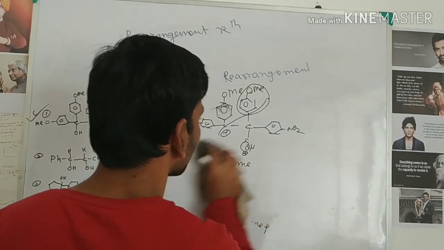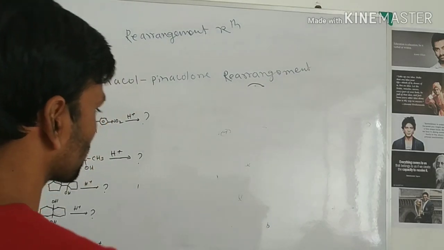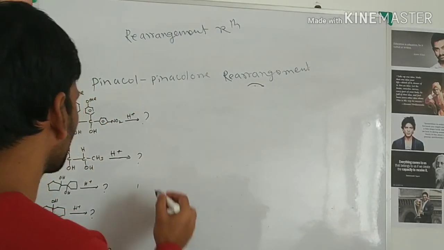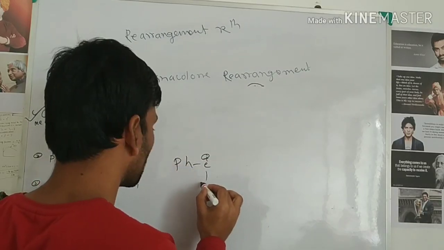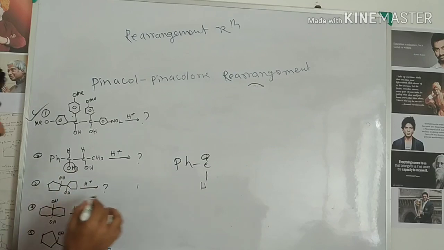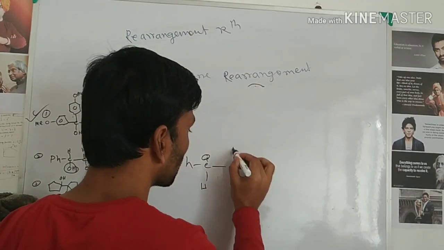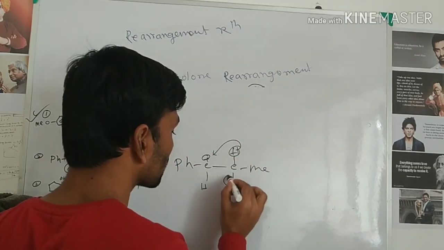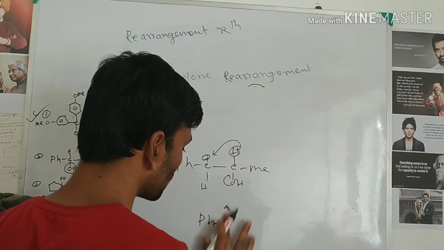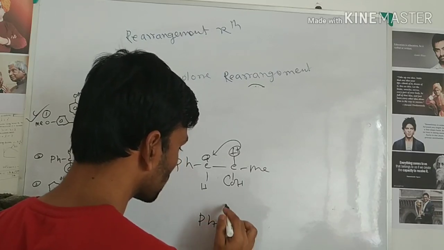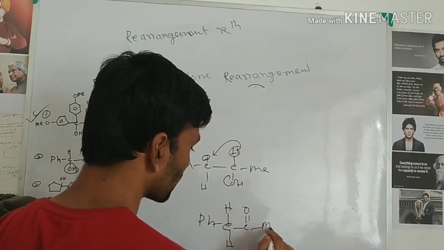Now the second example of this reaction: which one is protonated first? So this is the carbocation. This OH group is first protonated, and the hydride shift happens here, and this one is the final product.